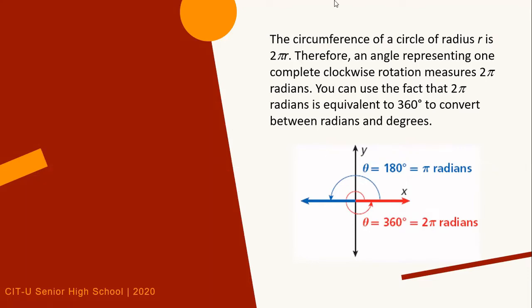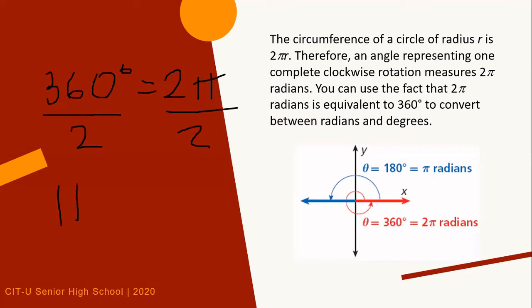Since we know that 360 degrees is equal to 2 pi, when we divide both sides by 2, we get that pi radians is equal to 180 degrees.